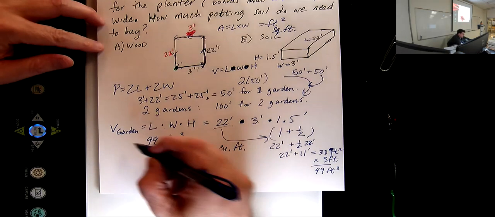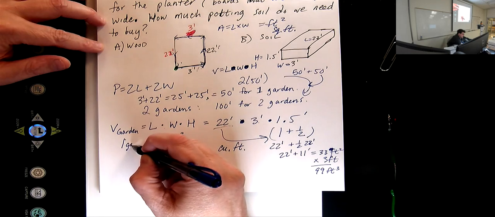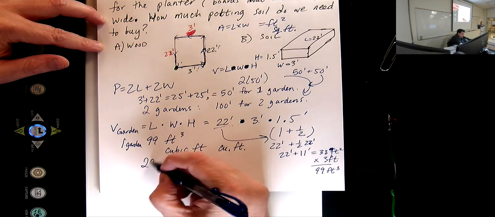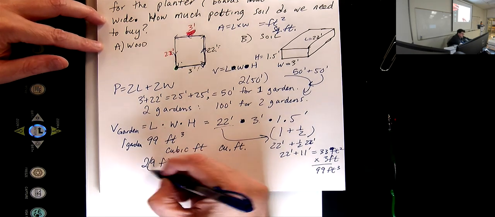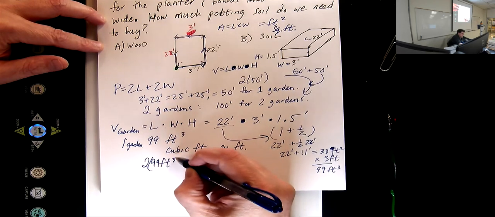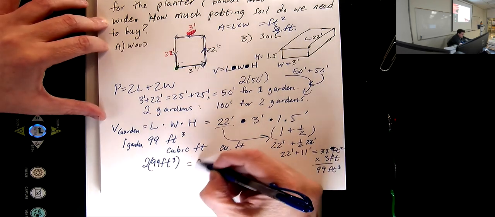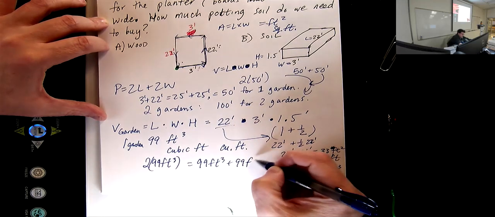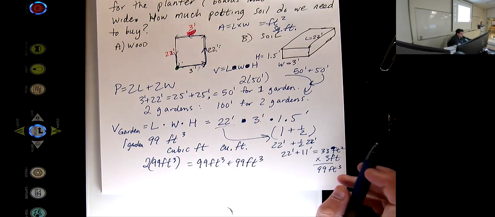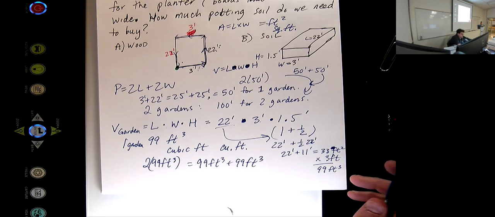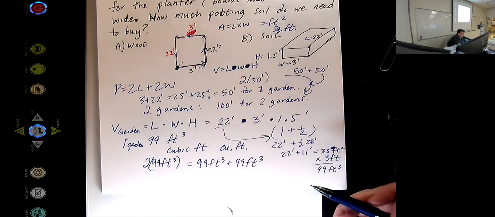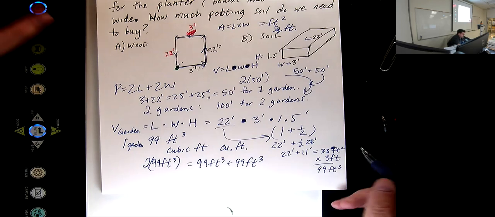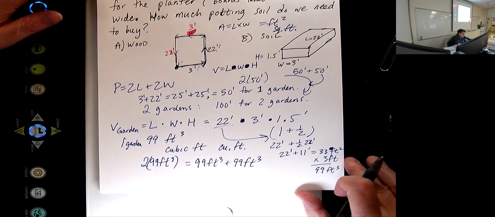But this is again for one garden. So if I want 2 gardens, I'm gonna either do 2 times 99 cubic feet, or this is the same thing as doing 99 cubic feet plus 99 cubic feet, because multiplication is just addition done more than once. Multiplication is repeated addition, believe it or not.